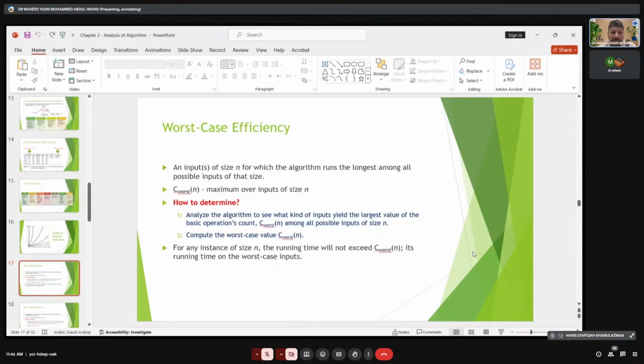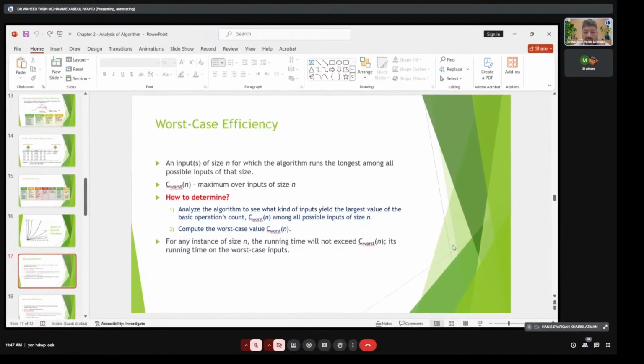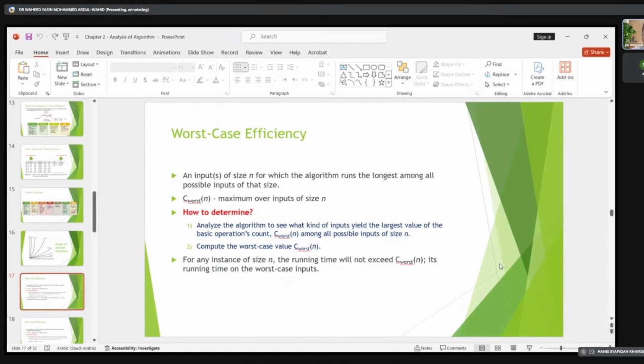Worst case efficiency. For an input size n, the worst case is the input for which the algorithm runs the longest among all possible inputs of size n, the maximum over inputs of size n. To determine it, analyze the algorithm to see what kind of inputs yield the largest value of the basic operation count, C worst among all possible inputs of size n.